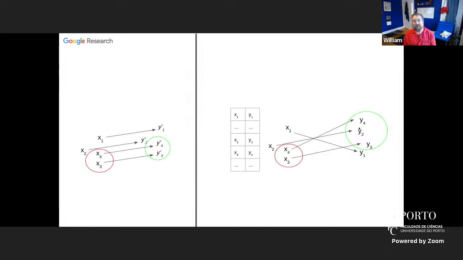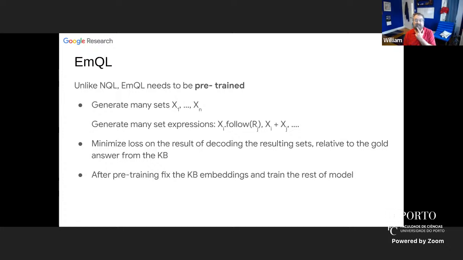And of course, there's a possibility for doing additional generalization if I want, because I can at any point decide to ignore the sketch part of it, which is the fine-grained detail. So this isn't quite like NQL. In particular, it has to be pre-trained. To train it, you basically have to give it a whole bunch of inferences that you expect it to do. And we had a process for generating some small set of inferences.